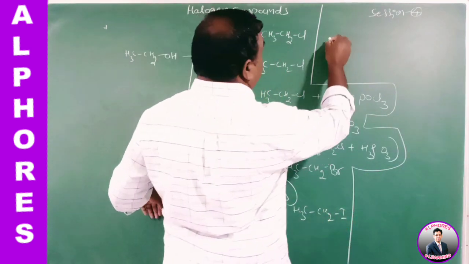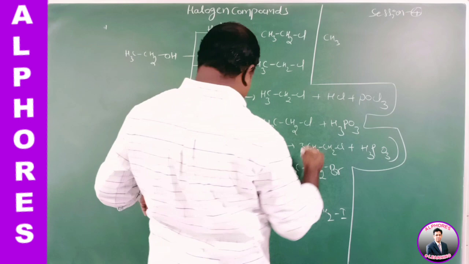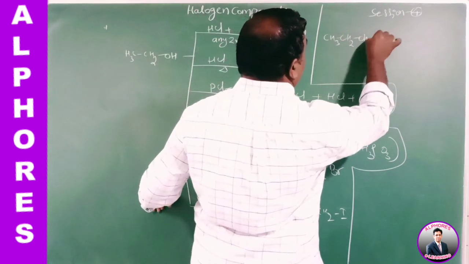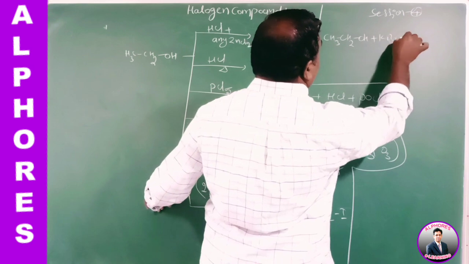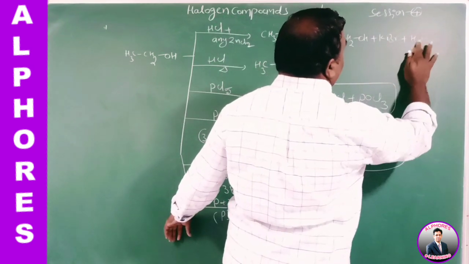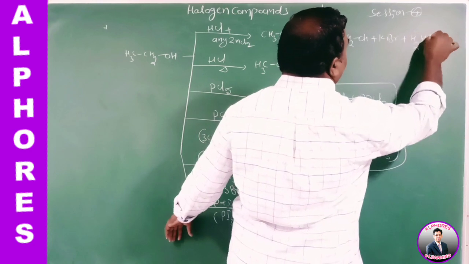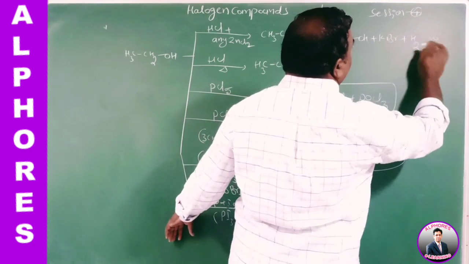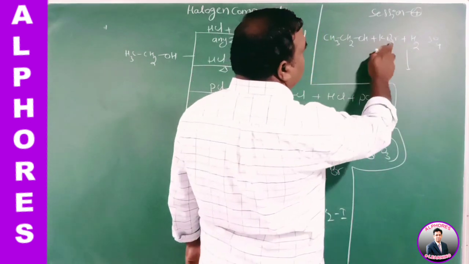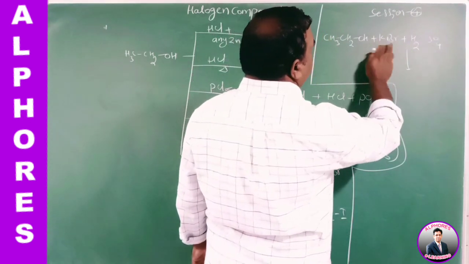For example, here CH3 is given, here CH2OH is given. The compound reacts with KBr in the presence of H2SO4. OH minus is substituted by what? Br.